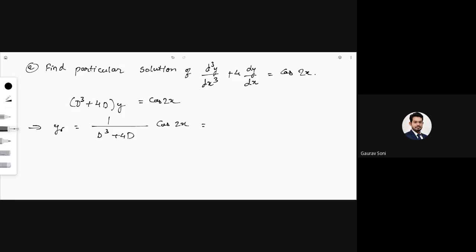Okay. What have you replaced? सर d इंटू डी स्क्वायर किया और डी स्क्वायर को -4 से सब्सटीट्यूट किया, फिर -4d प्लस 4d आ रहा है. अच्छा. Okay. यस सर, 0 आ रहा है.